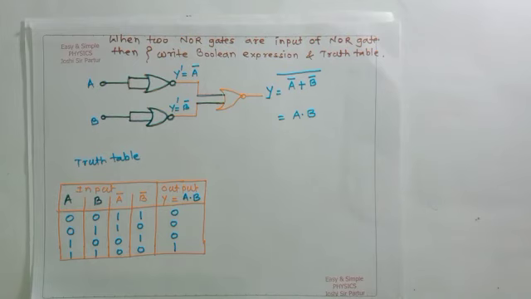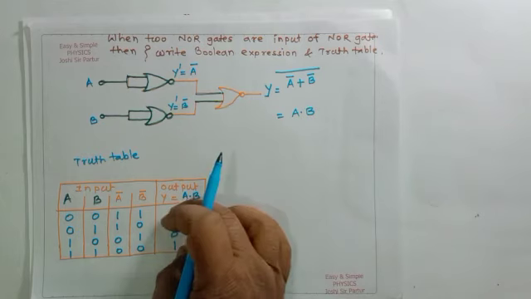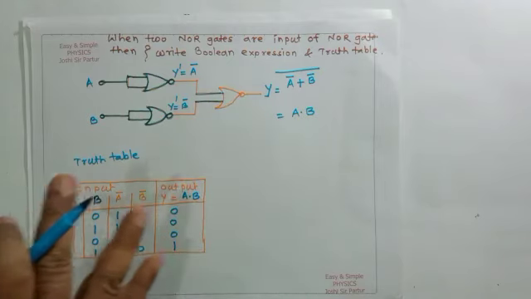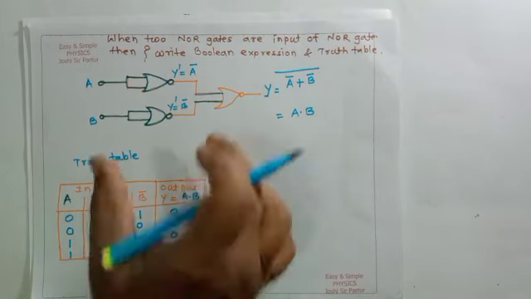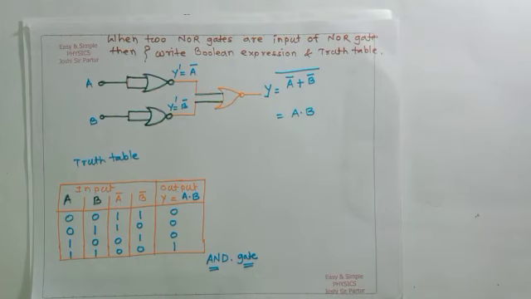Using De Morgan's theorem, the outputs of the two NOR gates whose inputs are combined are the inputs of a third NOR gate. So it will be the truth table for an AND gate. This circuit can construct an AND gate, with the same truth table as an AND gate.